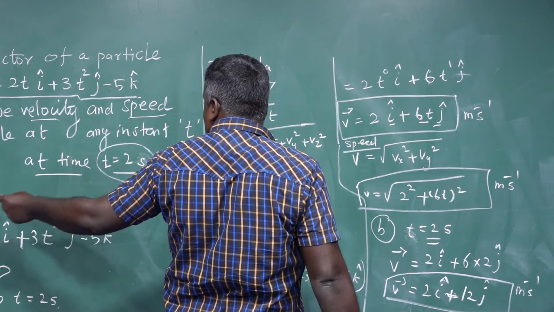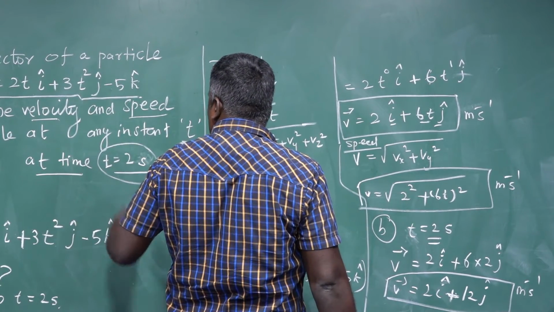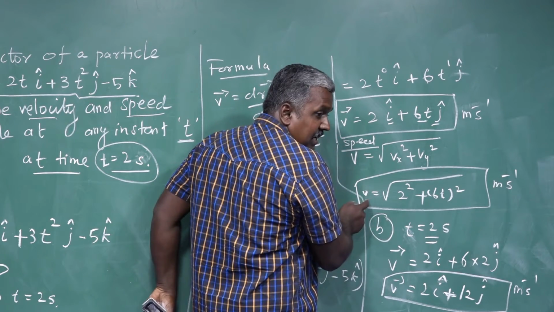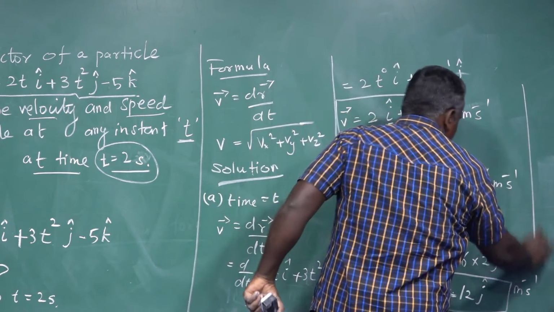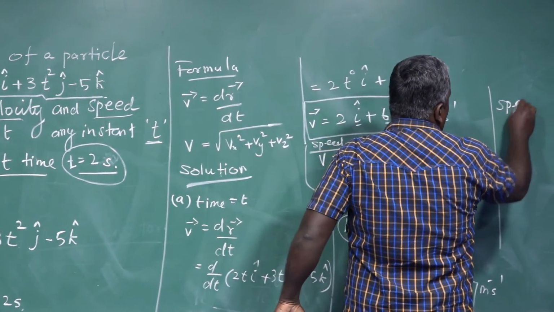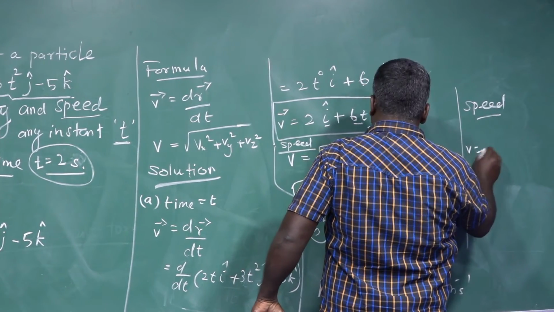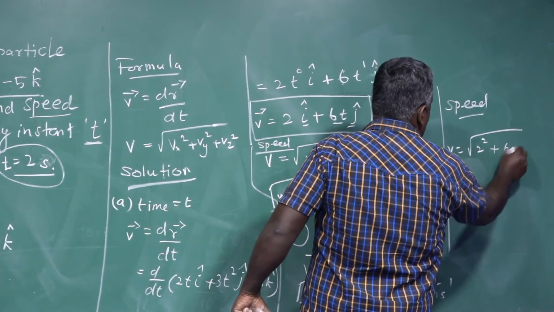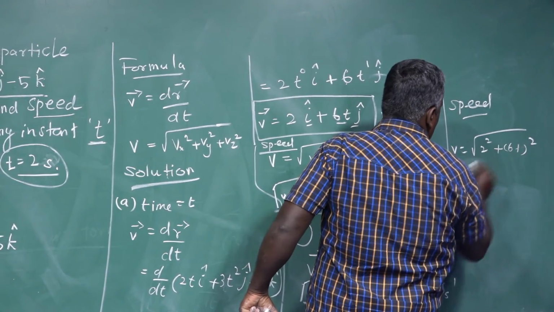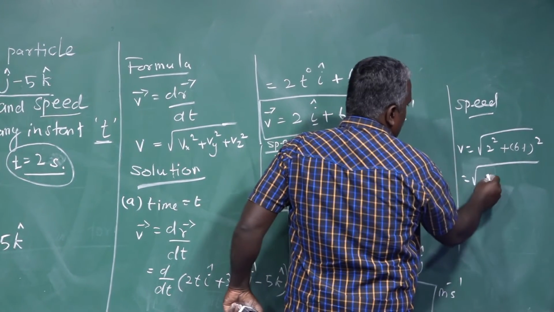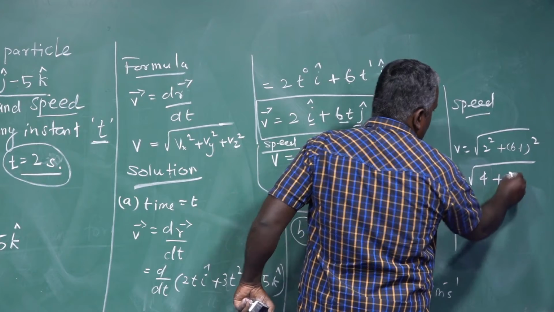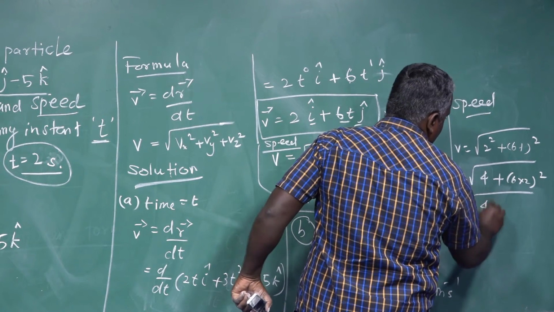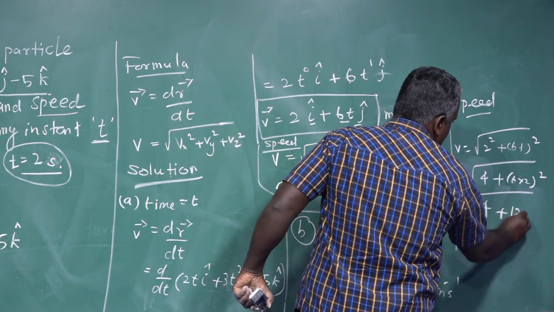Then, speed of the particle at time t equal to 2 seconds. What is the formula here? We already calculated. So for speed, v is equal to root of 2 square plus 6t whole square. So 2 square is 4, and 6 into 2 whole square, 6 twos are 12 square.